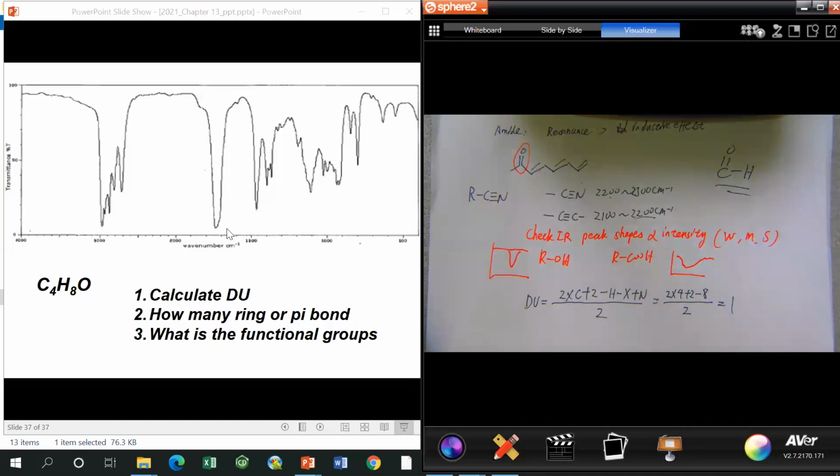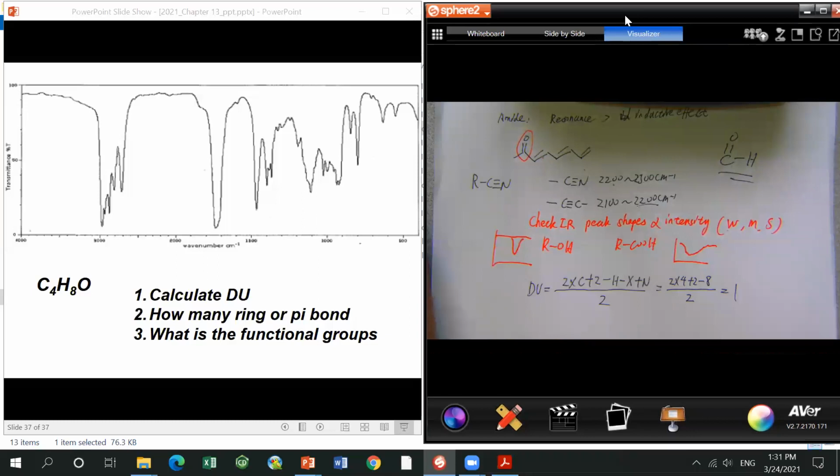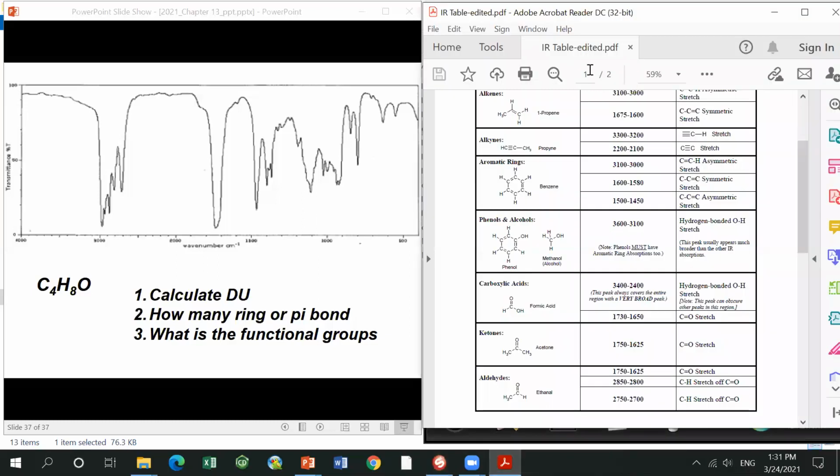Like I said, the first thing you need to look at for IR is any peak around 1800 to 1700, to see whether there's a carbonyl group in this molecule. We bring the IR chart back.